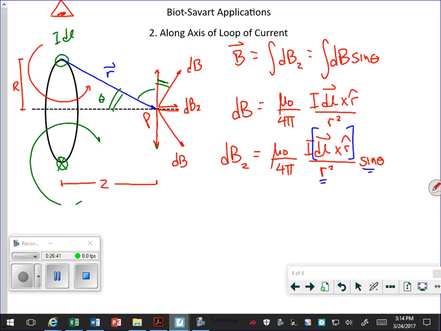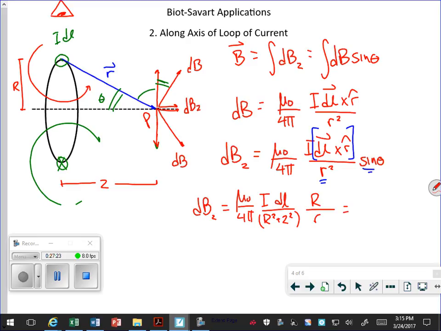So we get dBz equals mu naught over 4 pi times I over r squared, and I'll just write the dl. r squared is R squared plus z squared, says Pythagorean theorem. Agreed? And then sine theta is big R over little r.